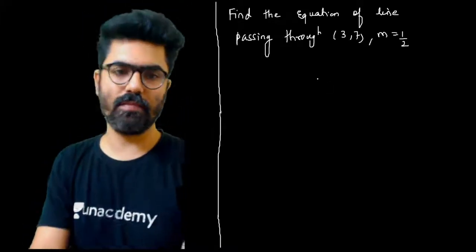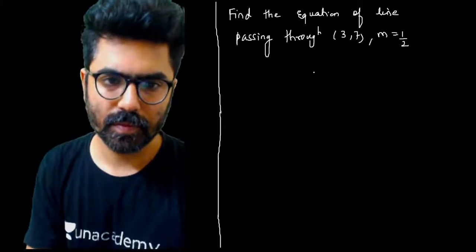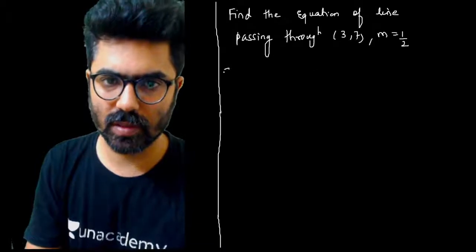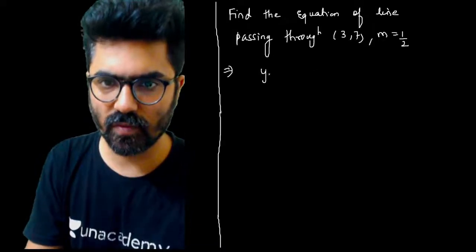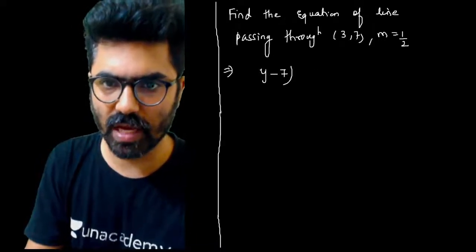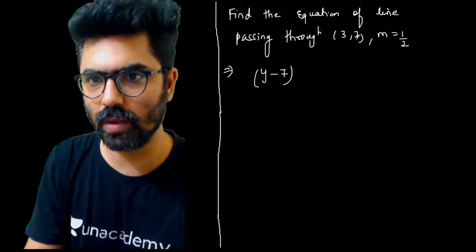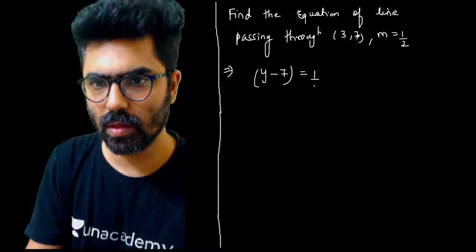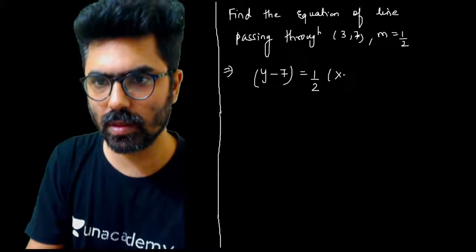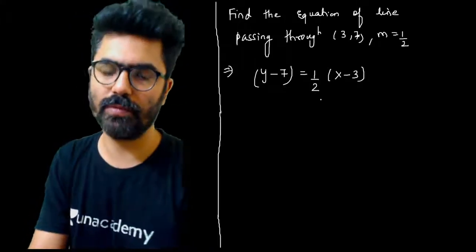We start with the equation y minus y1, where y1 is the y coordinate of 3, 7, so 7, equals slope times x minus the x coordinate.